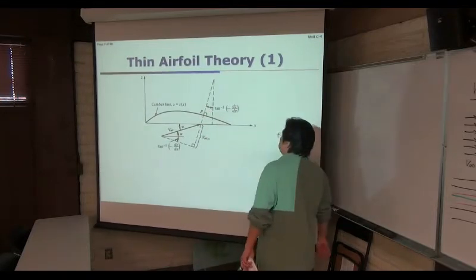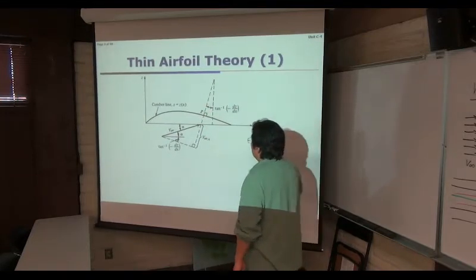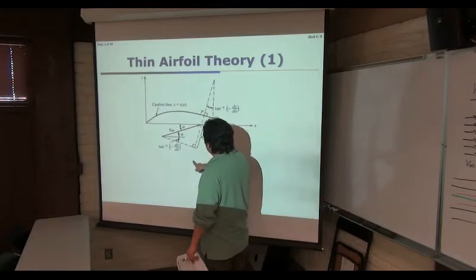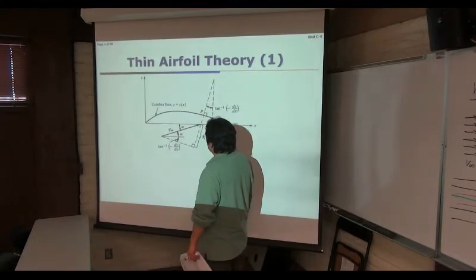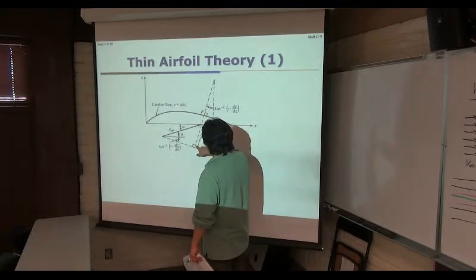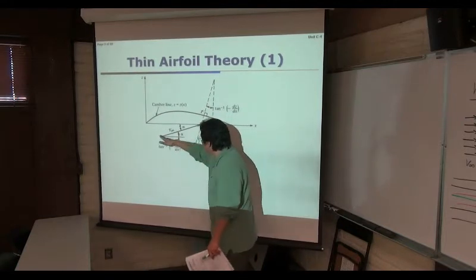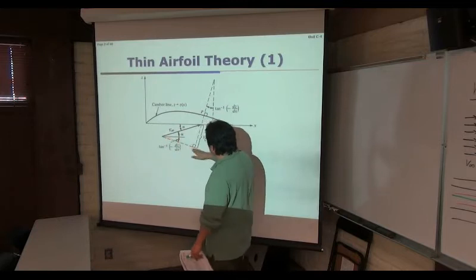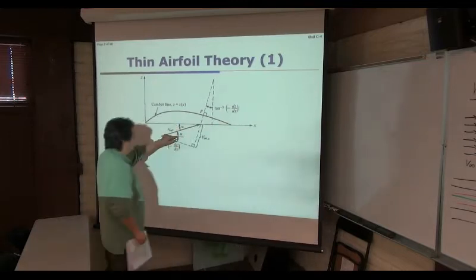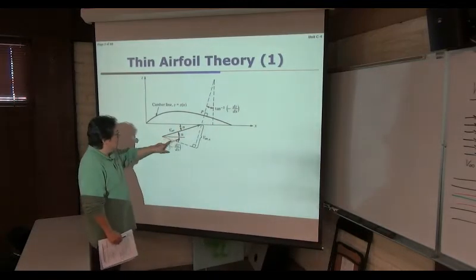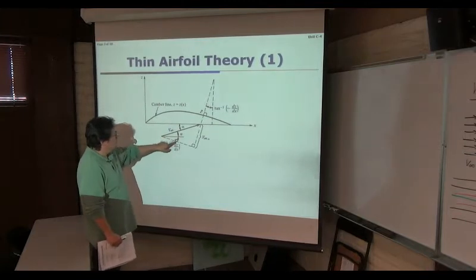Now if you extend this line and project the same exact angle here, this is the same exact angle geometrically speaking. This is also inverse tangent of minus dz dx.